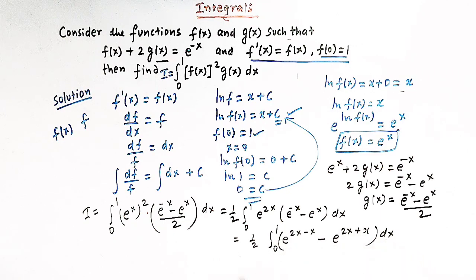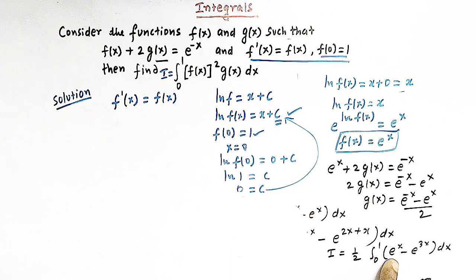Okay, so now we can write this integral as half, 0 to 1, and e raised to 2x minus x is simply e raised to x, and here we have minus e raised to 2x plus x, which is e raised to 3x, and here we have dx.